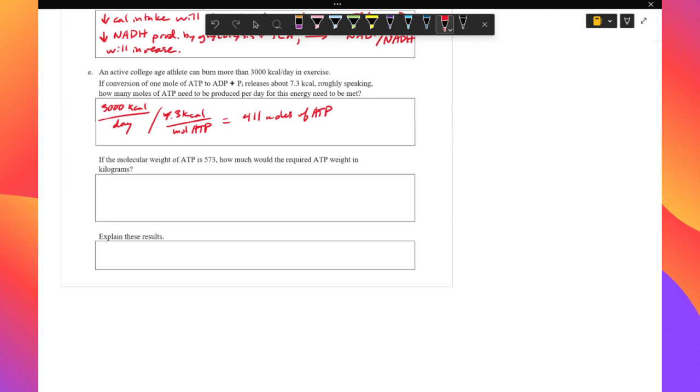So from our previous problem, we got that there's 411 moles of ATP. And we have a weight of 573 grams per mole of ATP.